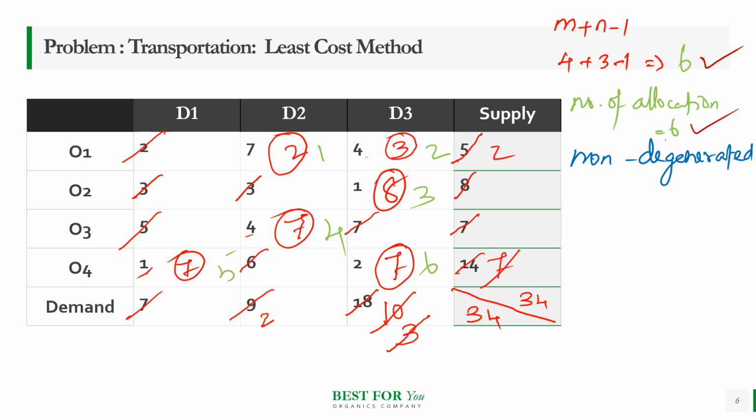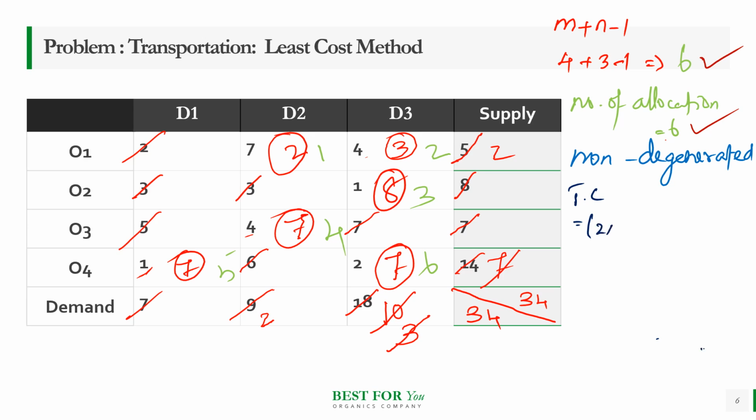When these two conditions are satisfied, the solution is what we call non-degenerate. We always need to have the solution as non-degenerate. Now we need to find the transportation cost, which is the number of allocations times the cost.